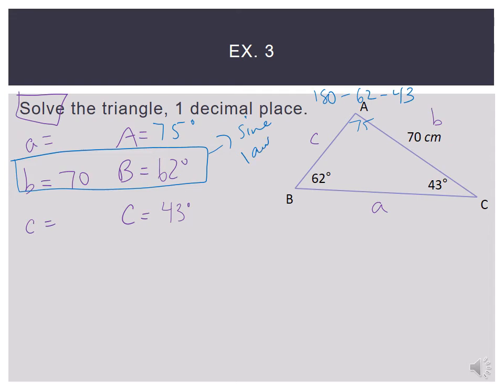And you're going to have to do it twice, once to find A and once to find C. So let's say you want to start with finding A. A over sine A, and then it's your completed letter, which is B. Fill everything in. Capital A is 75. B is 70. And capital B is 62. Cross multiply.